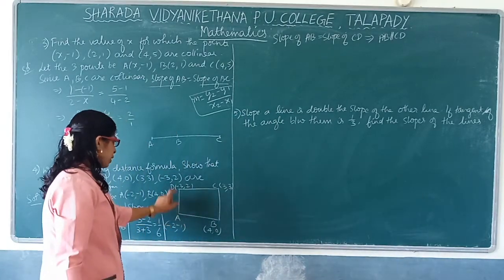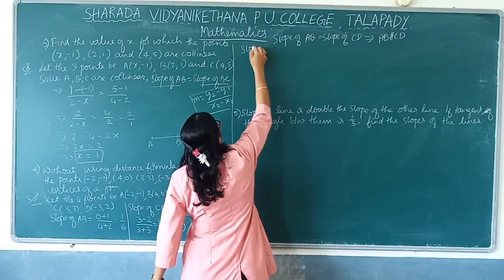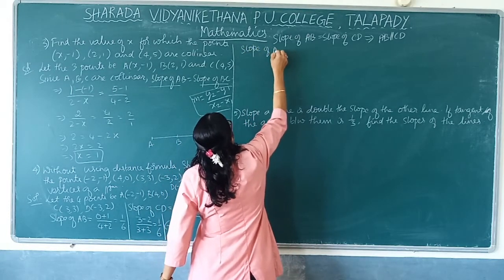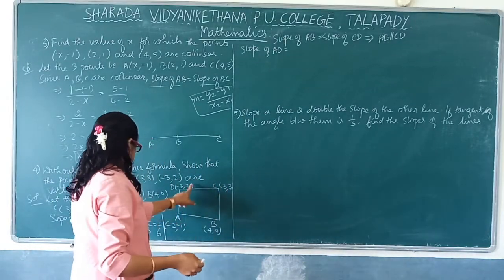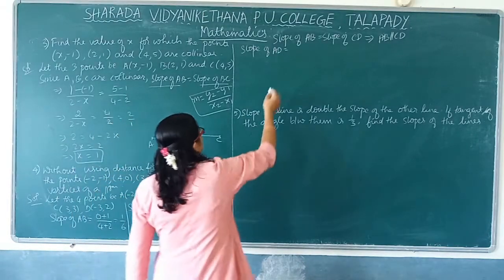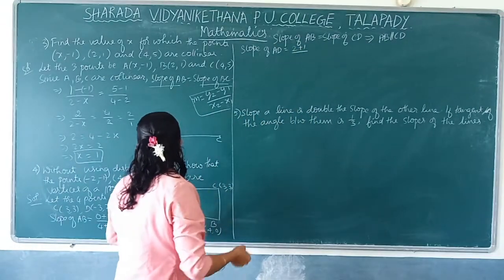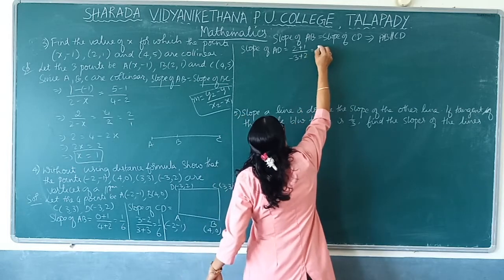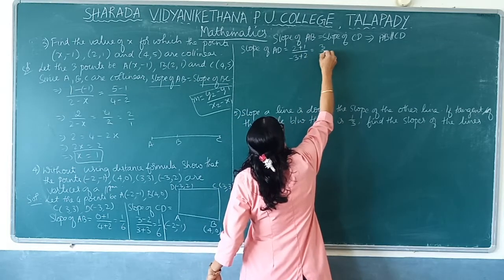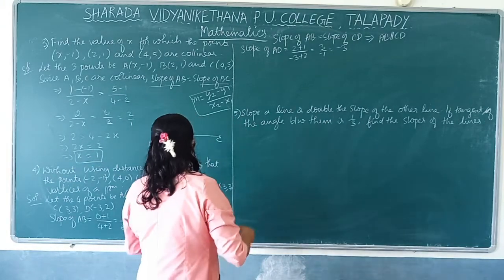Now slope of AD and BC we will find. Slope of AD is 2 minus minus 1, 2 plus 1, divided by minus 3 plus 2. Minus 3 plus 2 is minus 1, so 3 by minus 1, or we can write it as minus 3. Now what is the slope of BC?